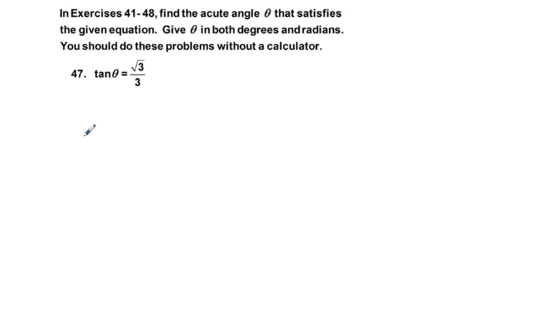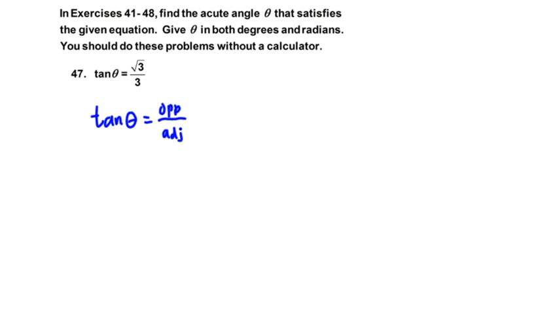Next, problem 47. The tangent of theta equals square root of 3 over 3. And for that, tangent theta equals opposite over adjacent. And we can try a couple different angles.